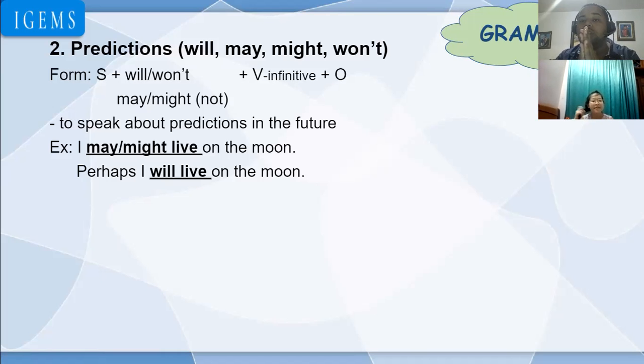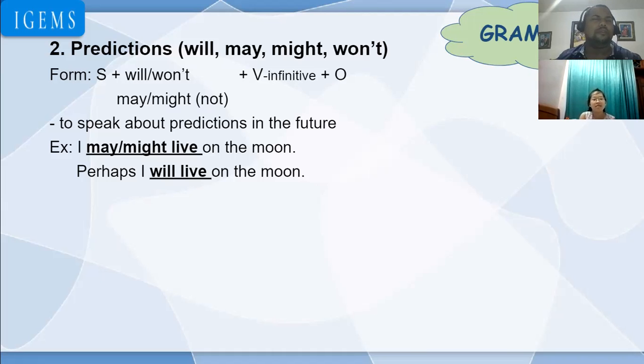When it is like the conditional form, or for example the past, we use might. So I want you to read this example. I might live on the moon. Perhaps I will live on the moon. I may live on the moon.